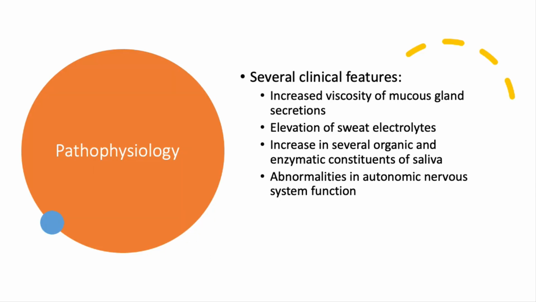So as we said, the mucus is way more viscous. This creates problems everywhere. But also, it allows us to test children very effectively for the presence of CF. In fact, we can test the amount of chloride in their sweat and find out whether or not they have CF.